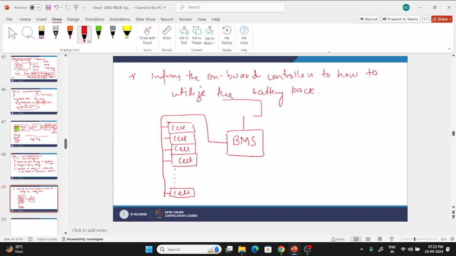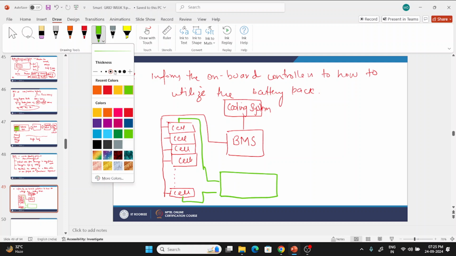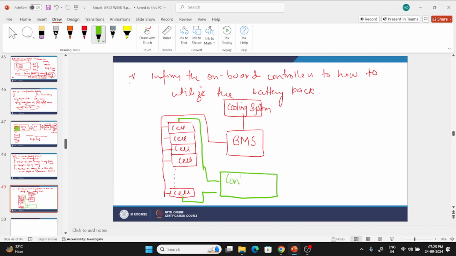This battery management system is connected to a cooling system or thermal system. This part is connected to a contactor control, because we have pack measurement, and any measurement about things.